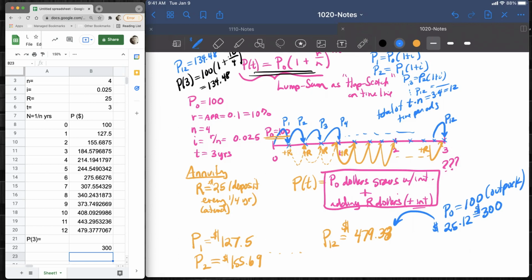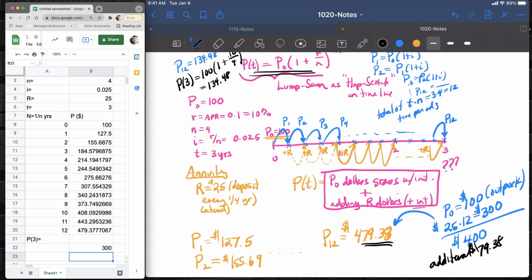Okay. So you can see here that the money that we had just out of pocket was $400, right? But after 3 years, can you see that we have an additional $79.38?